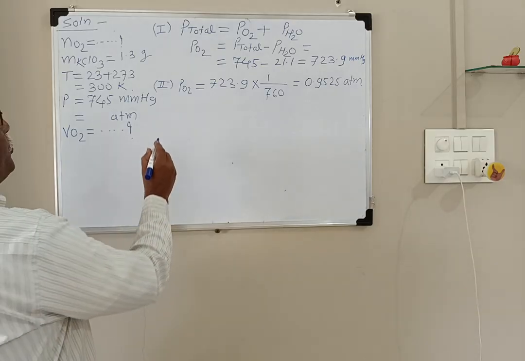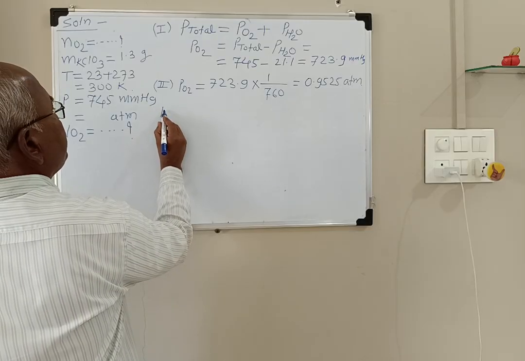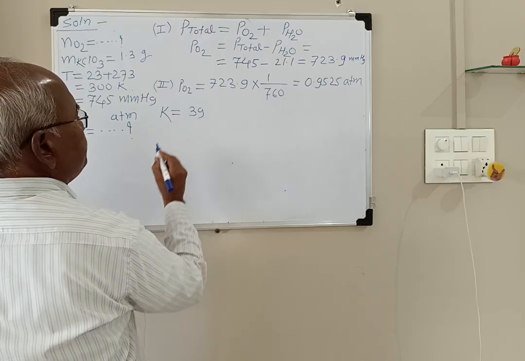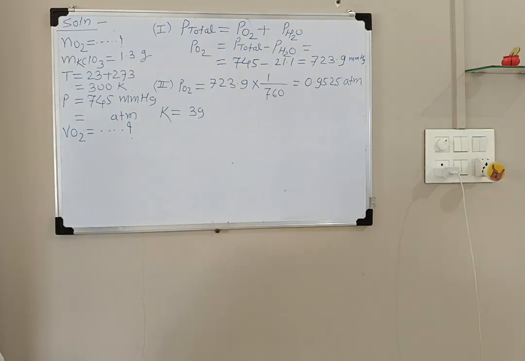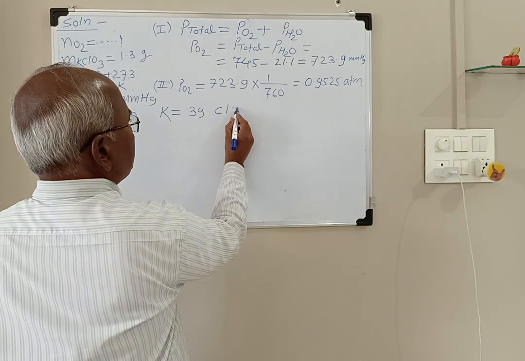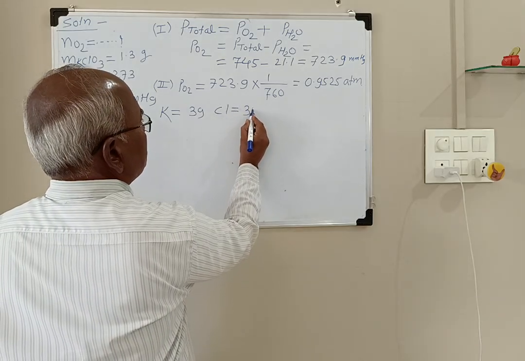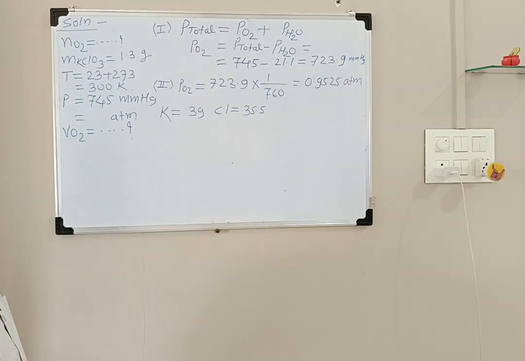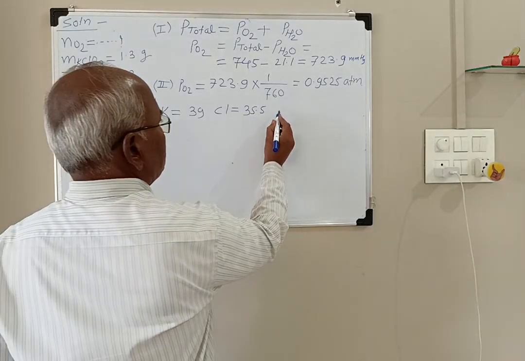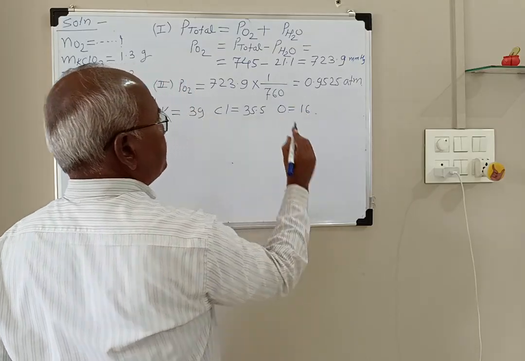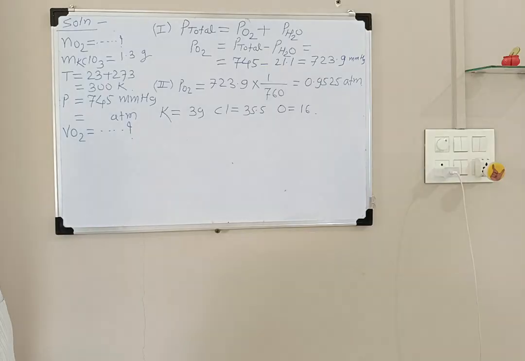Now, the atomic weight of potassium is equal to 39, the atomic weight of chlorine is equal to 35.5, and the atomic weight of oxygen is equal to 16.